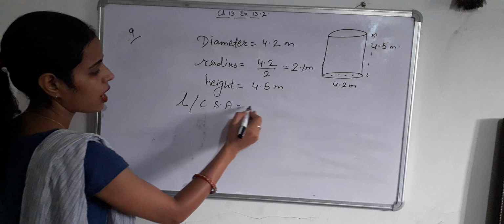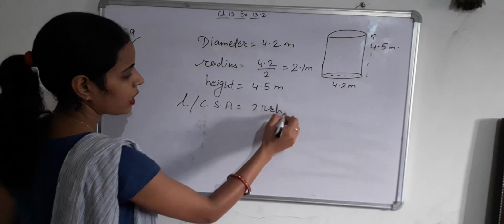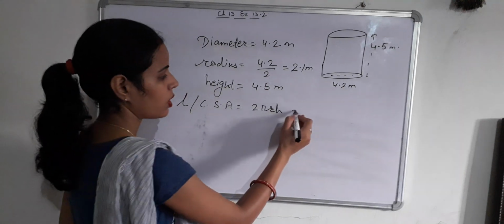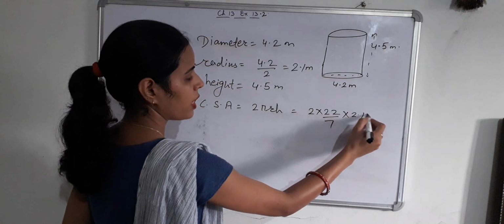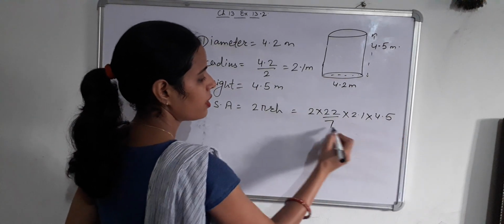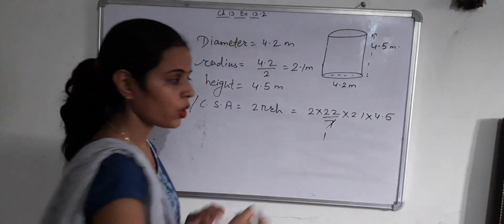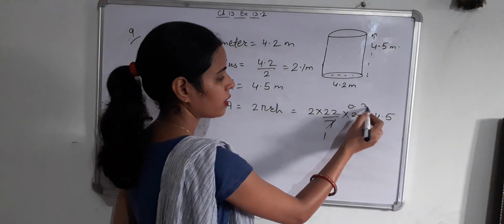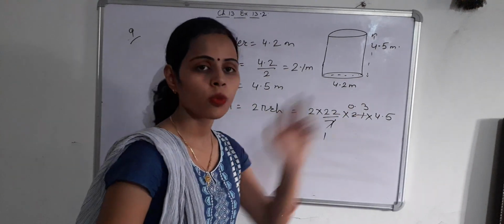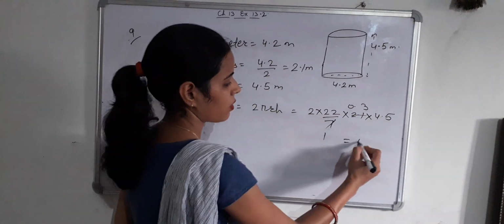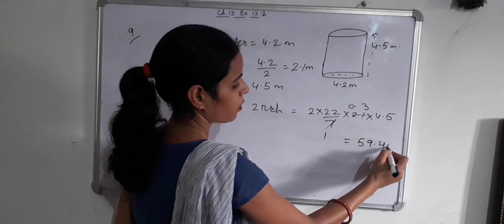Then its lateral or covered surface area will be 2 pi r h equals to 2 into 22 by 7. R is 2.1, h is 4.5. 7 1 7, 2.1, 0.3. 2 into 22 into 0.3 into 4.5. This will be equals to 59.4 meter square.